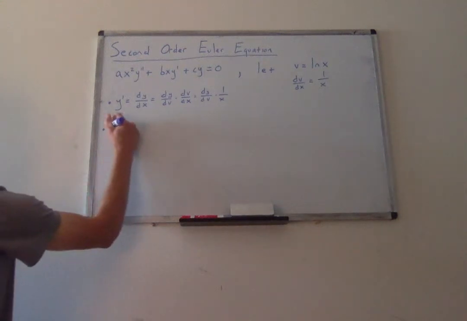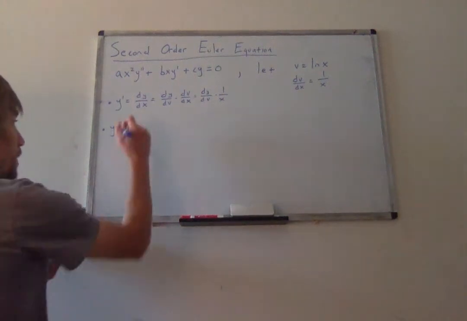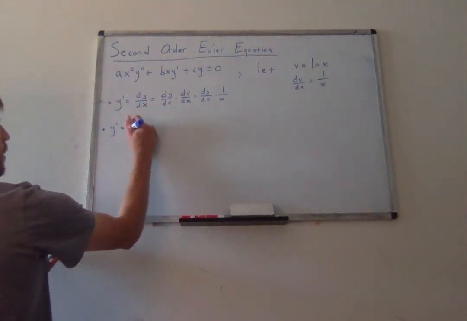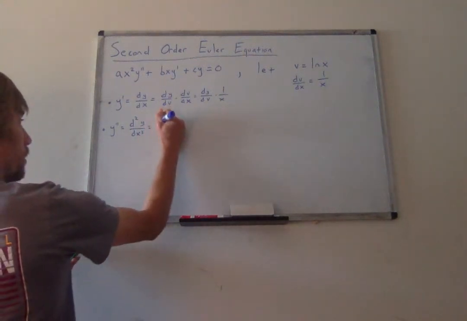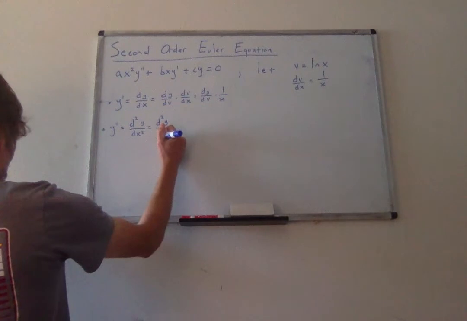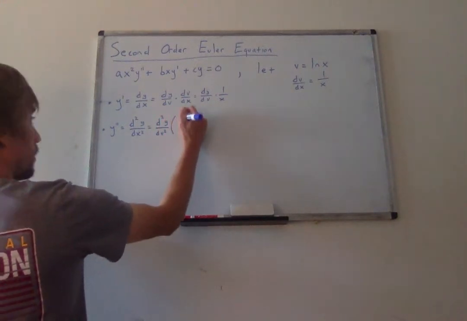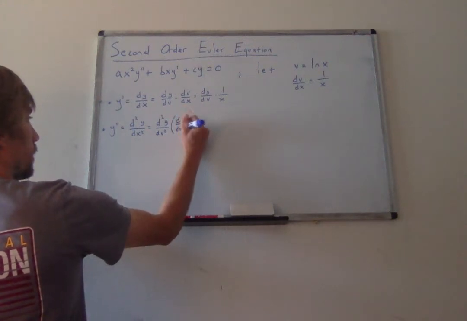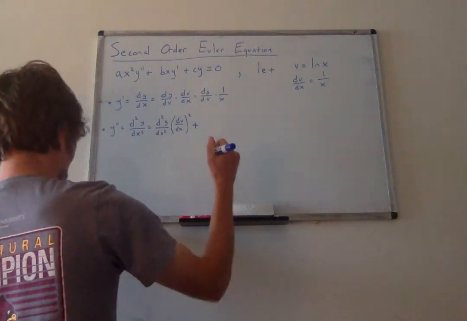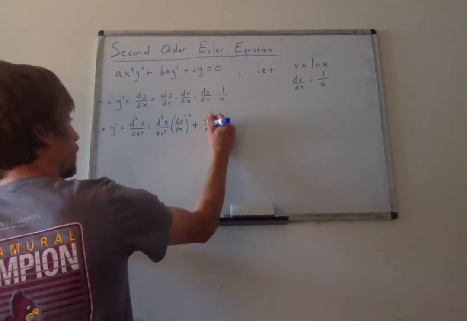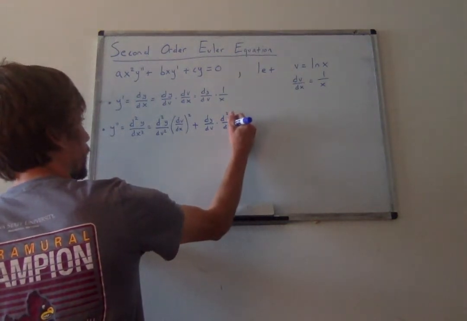And now using similar techniques for second derivatives, I know that y double prime is equal to the second derivative of y with respect to v times dv dx squared plus dy dv times the second derivative of v with respect to x.